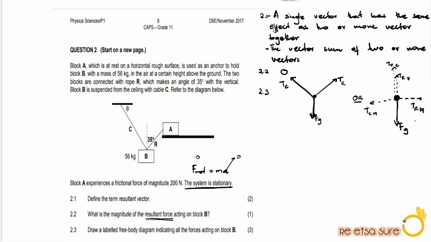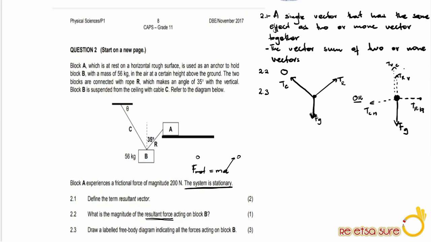You will get 1 mark for indicating the Fg, 1 mark for indicating the components of TR, and 1 mark for indicating the components of TC.